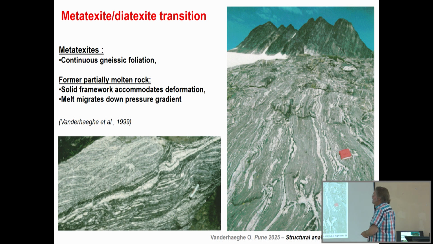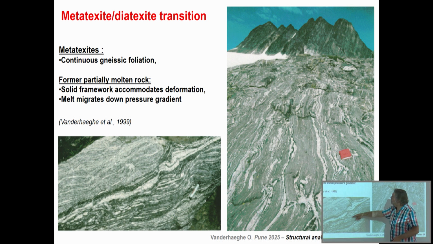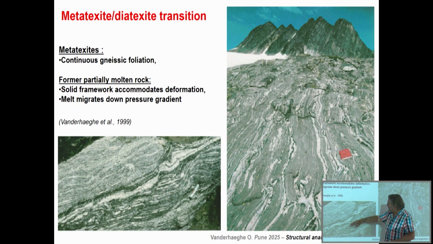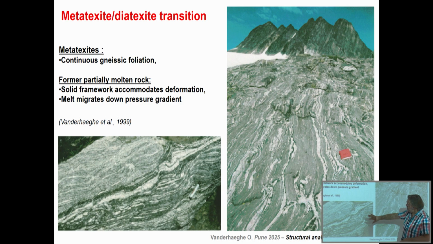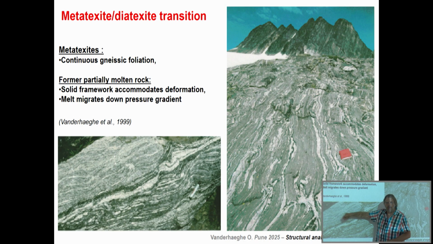The metatexite is defined by a continuous gneissic foliation, which is marked by alternation of mesosome and leucosome layers. And you see here in this example that there are 2 superimposed layerings. You see that? Darker here, more gray here.